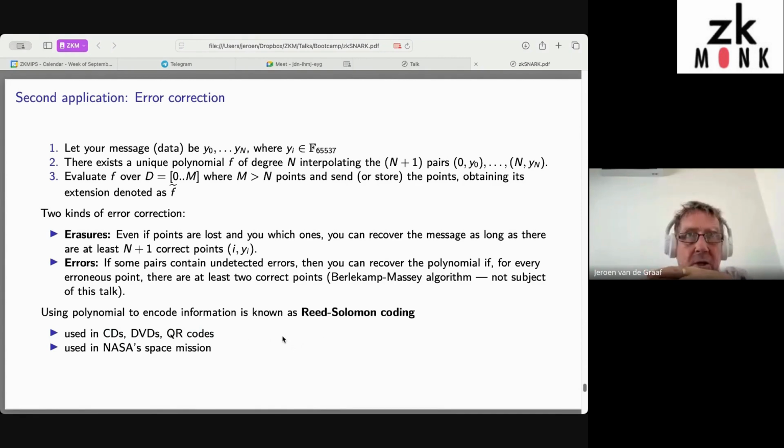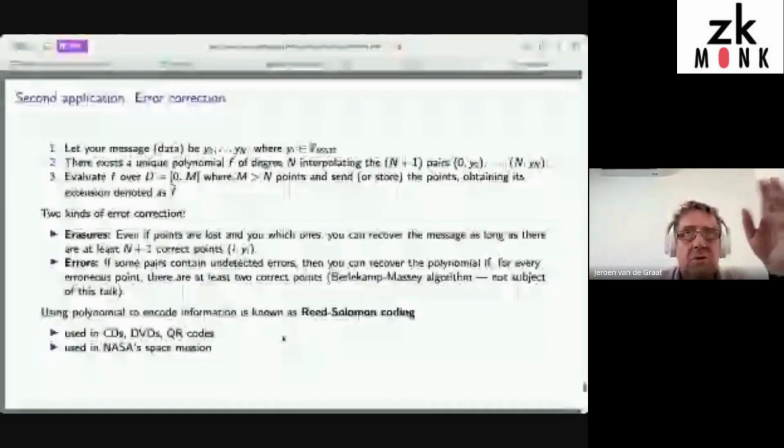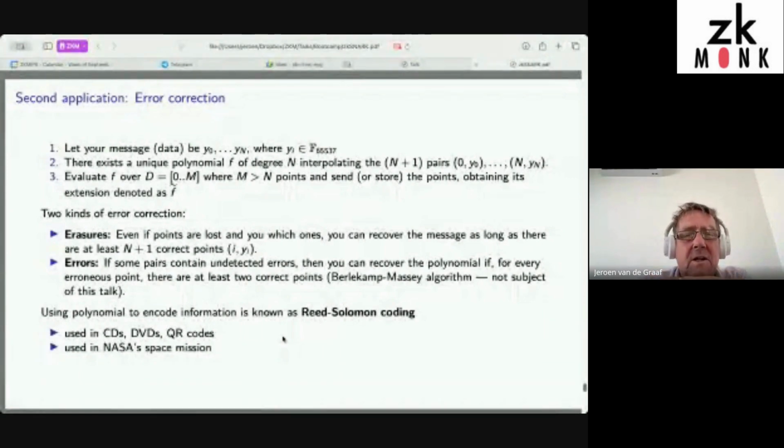It means you represent the original message in a larger space, and as long as you get sufficiently many values in this larger space correctly, you can reconstruct the original message.